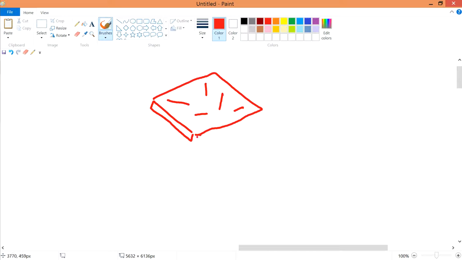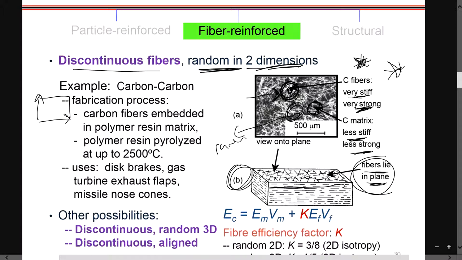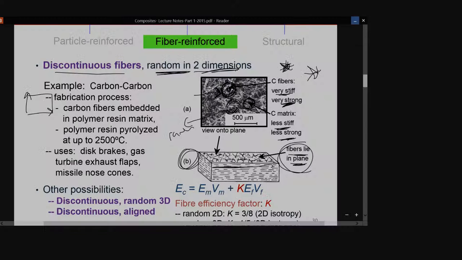If it's random in 2D, this means that you are random at this plane, and at the bottom, exactly at the same spot, you also have fibers, and we call these fibers that lie in plane. So all the fibers lie in plane on this, in terms of a 2D design.